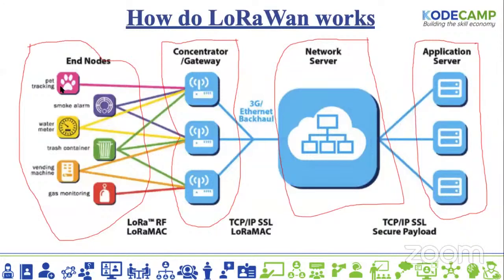When we talk about the applications, they have different requirements. For gas monitoring there are different requirements, and for a trash container or vending machine there are different requirements. So in order to optimize for the variety of end application profiles, LoRaWAN utilizes three different classes, which end users can configure.